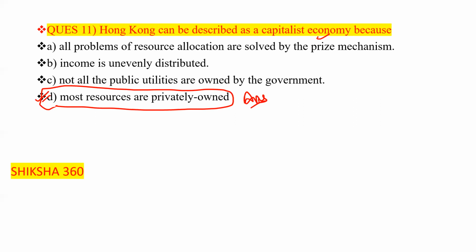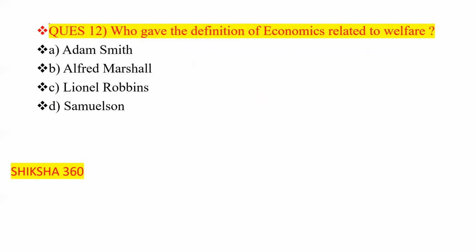Now move to the next question, a very easy question. Who gave the definition of economics related to welfare? We have discussed three definitions till now, given by three different economists: Adam Smith, Alfred Marshall, and Lionel Robbins. So who gives us the study of welfare?